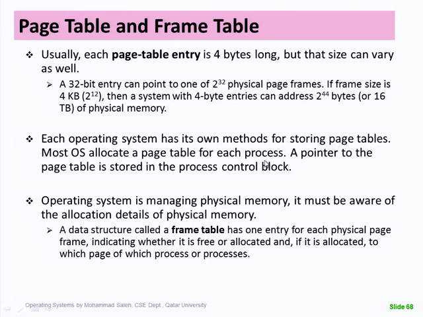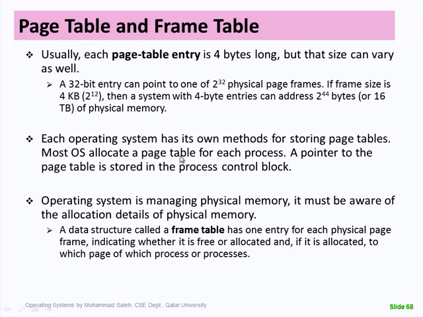Now, how are these page tables stored? Some operating systems have a page table for each process, and the address of that page table in memory is saved in the process control block of the process. For example, in Linux you have task_struct, which is the process control block of a process.